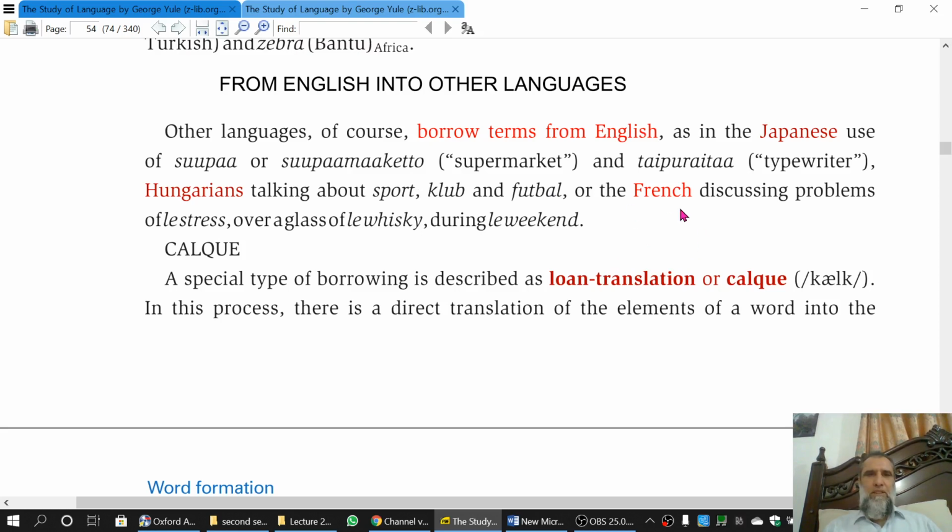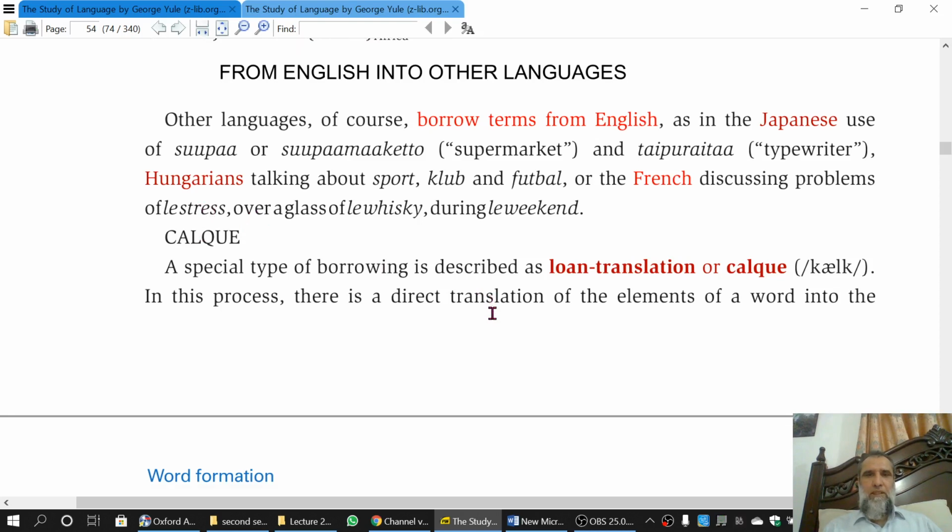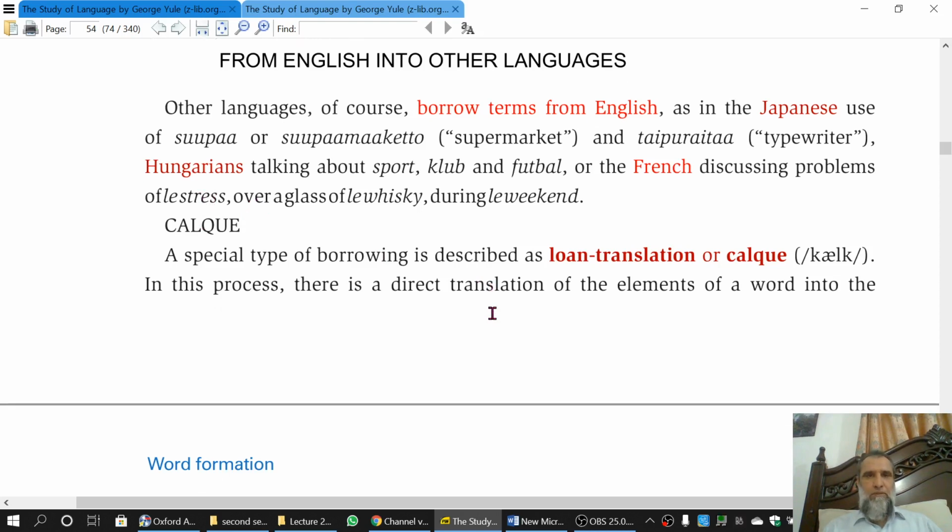Then we have French words, for example, le stress. Le means the in French. Le whisky. Whisky is a kind of drink. Le weekend, which means the weekend. And these, weekend, whisky and stress, are borrowed from English into the French language.